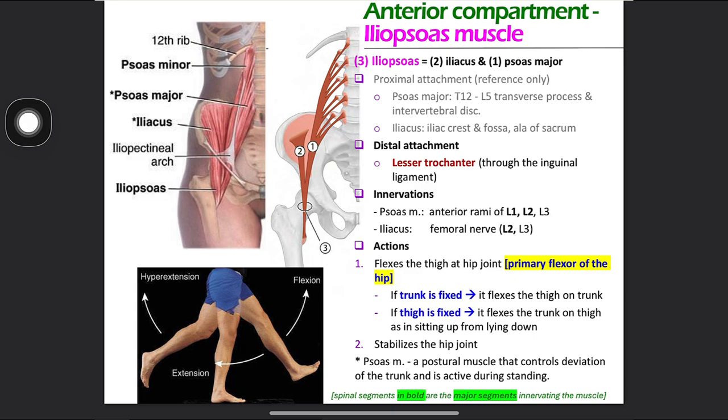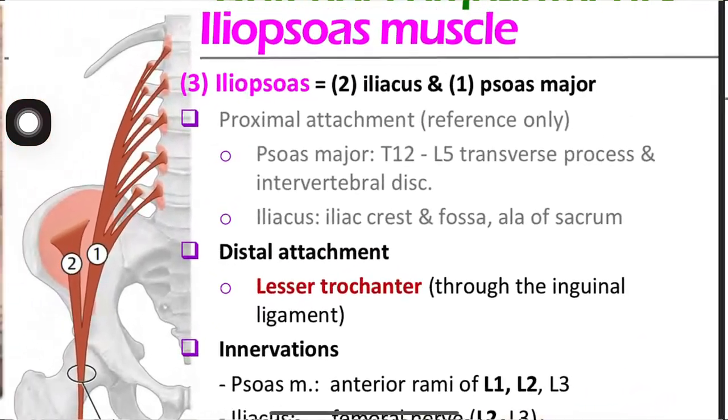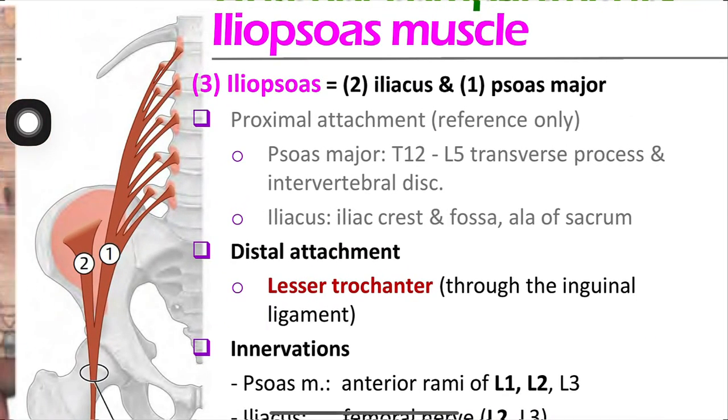Okay? So this is the major hip flexor. So hip flexor, okay? So iliopsoas. Iliopsoas is actually two muscles merged, not merged, because they have a common insertion point. They all insert to the lesser trochanter through the inguinal ligament.